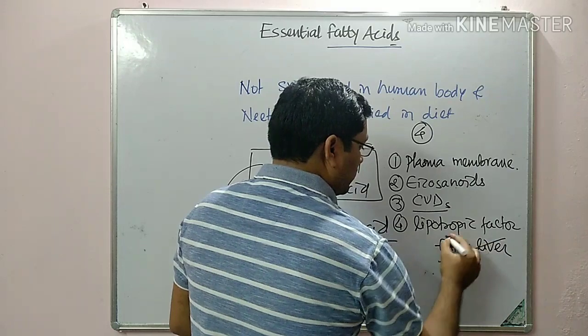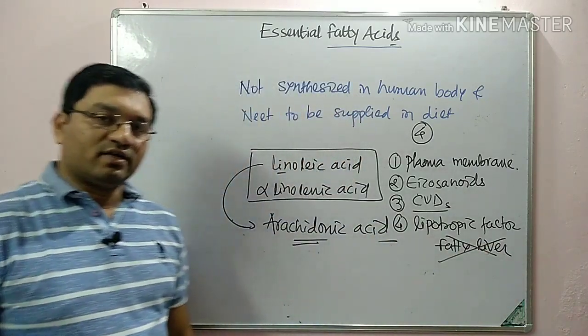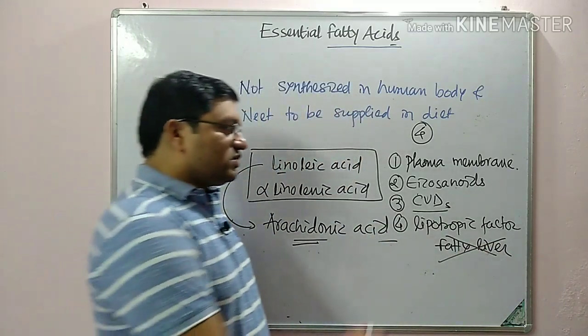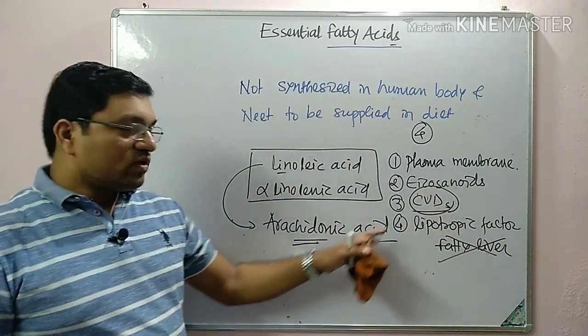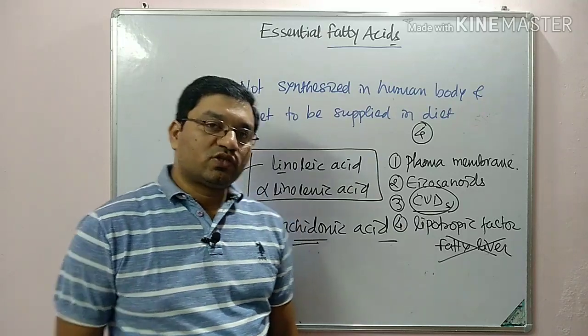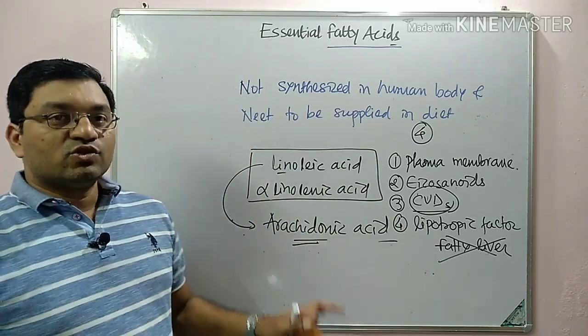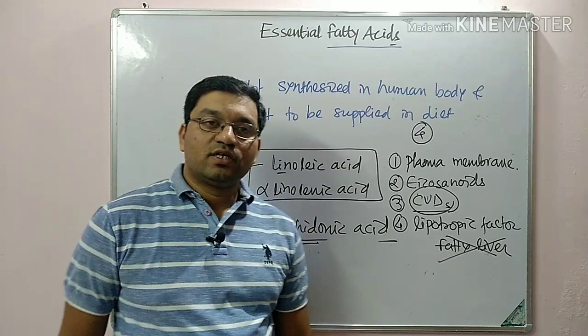They are responsible for mobilization of fat. These essential fatty acids are responsible for the reverse transport of cholesterol with the help of HDL. So they prevent us from cardiovascular diseases.